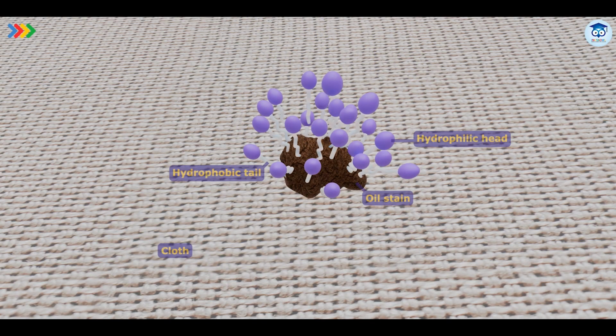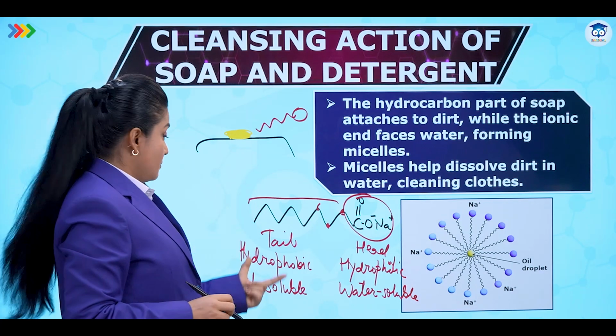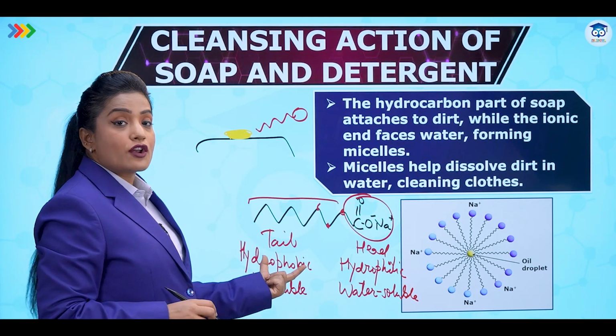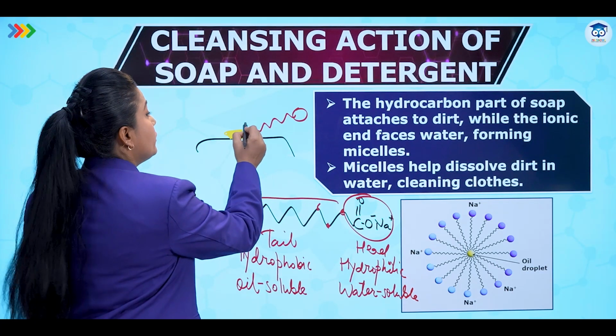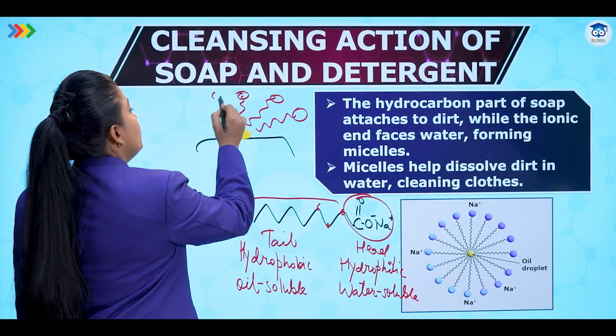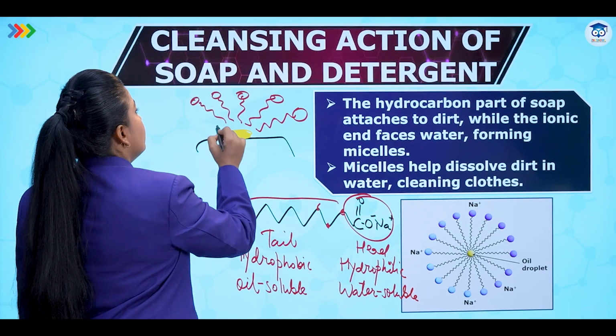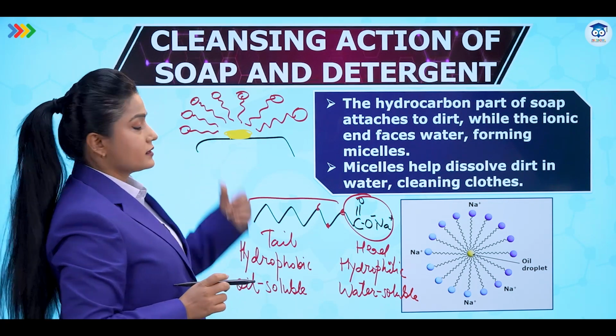While the tail part will be close to the oil on the cloth, the stain, because it is oil soluble. It is hydrophobic. It will stay away from water but close to oil. So the tail part will be close to the oil on the cloth. This way, many such soap molecules will arrange themselves around the cloth like this.